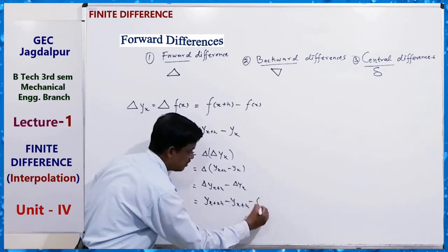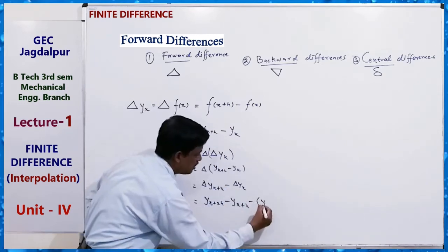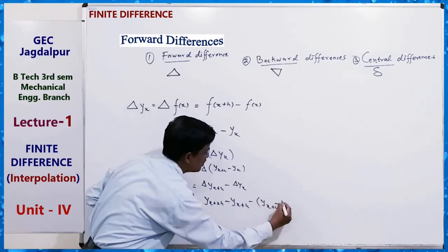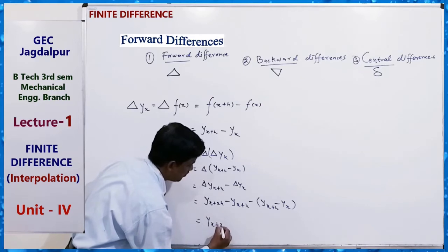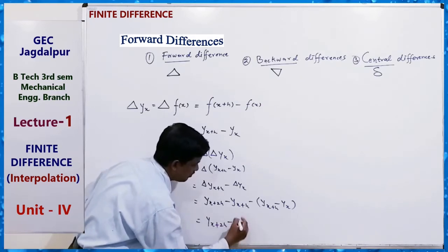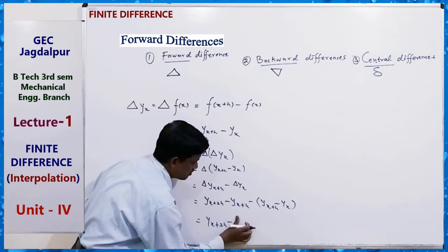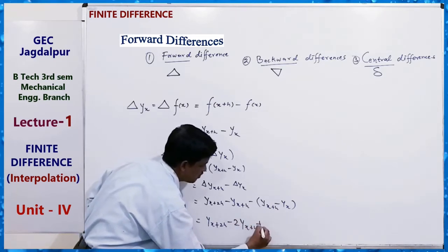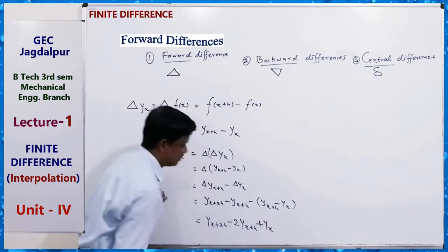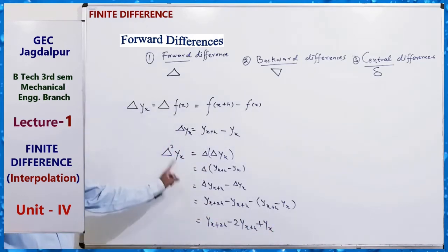Both middle terms are the same, so it can be written as y(x+2h) minus 2 times y(x+h) plus y(x). So the second order difference is this.